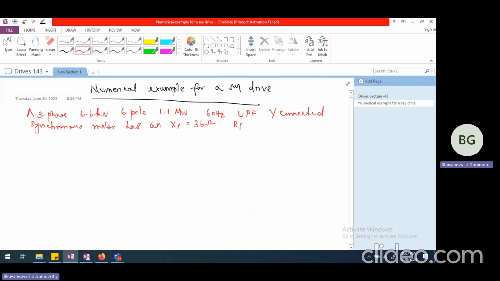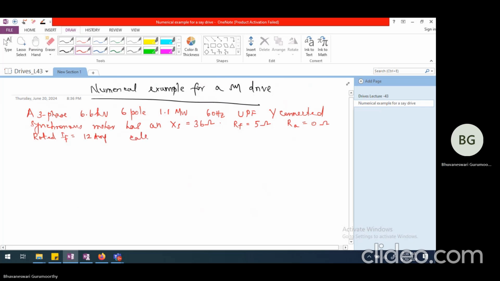Field resistance is 5 ohms, and armature resistance is 0 ohm; it is negligible. Rated field current is 12 ampere.